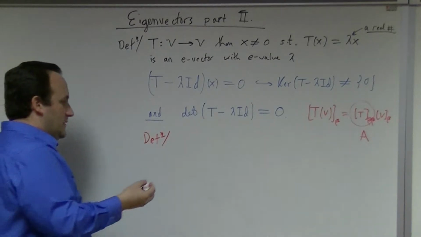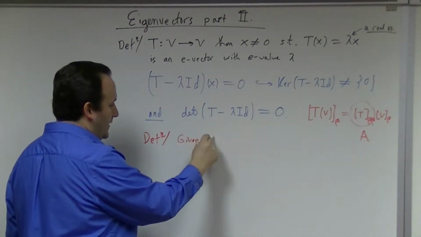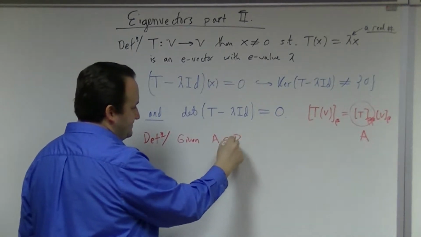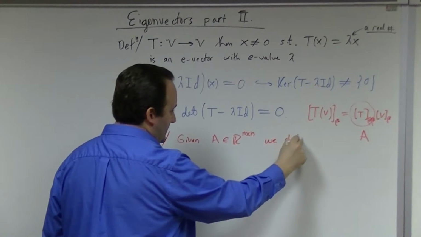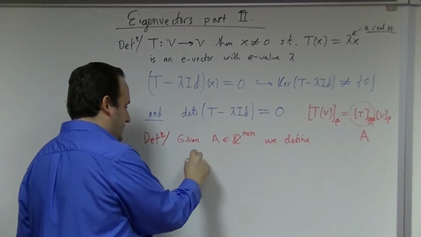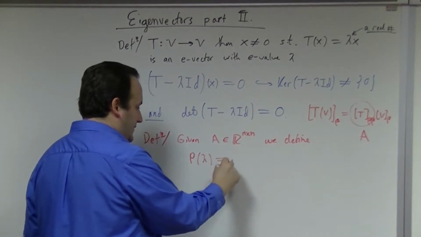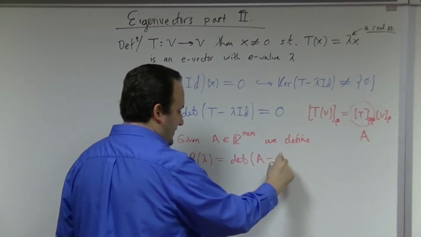All right, so first of all, given A, an n by n matrix, we define a couple things. Well, p of lambda, that's equal to the determinant of A minus lambda times the identity.